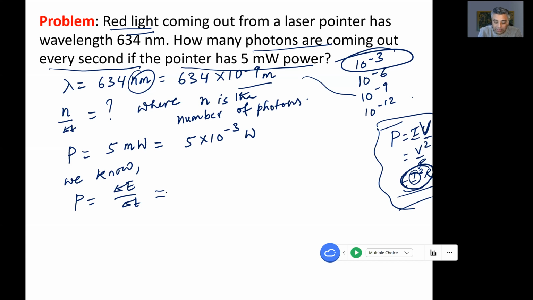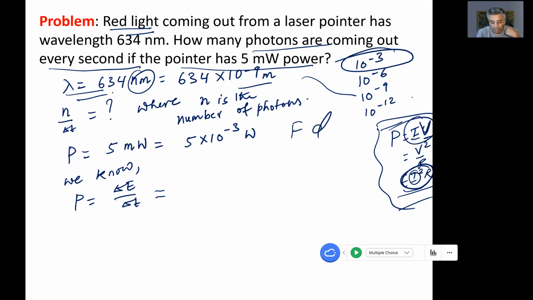So now, in this case, how do we write energy? There is no current and no force. If we had current and voltage, we would write power as I times V. If we had force, displacement, and so on, that would be work done, equivalent to the change in energy. We don't have that scenario here. Rather, what we have is the wavelength, and we know wavelength and frequency are related.